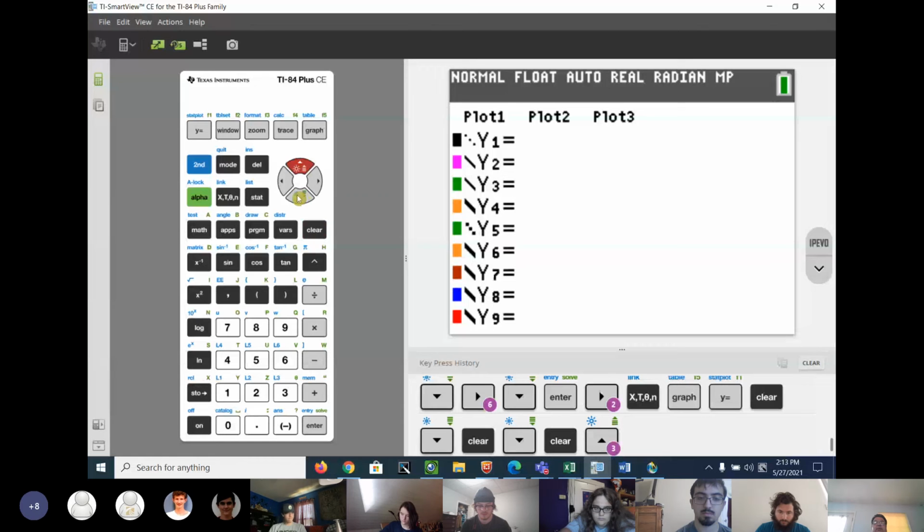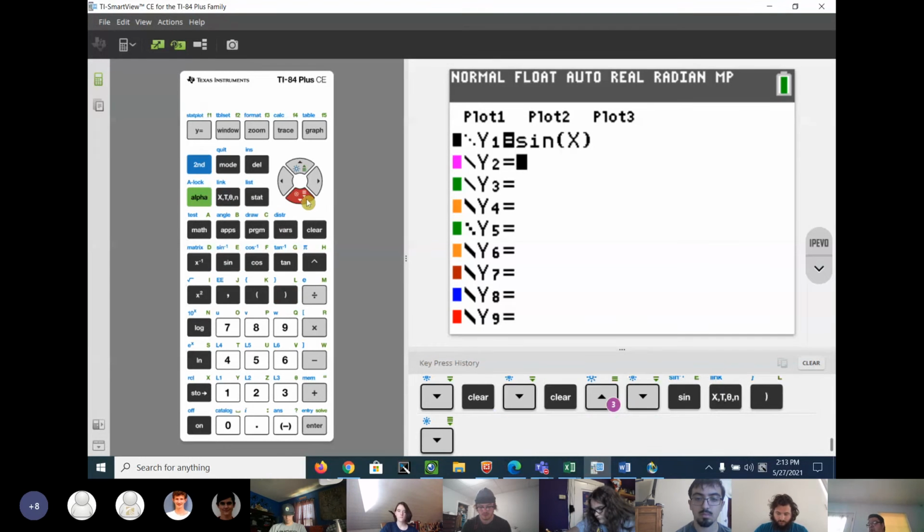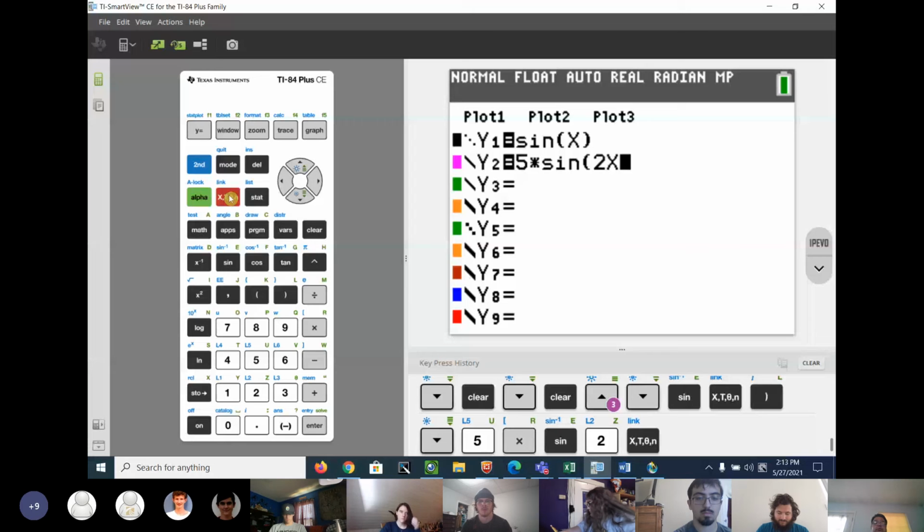And I'm going to do the sine curve in black, just so I can compare it. Sine of x. And now I'm going to plug in what we got right here. 5 times the sine of 2x minus pi over 3.